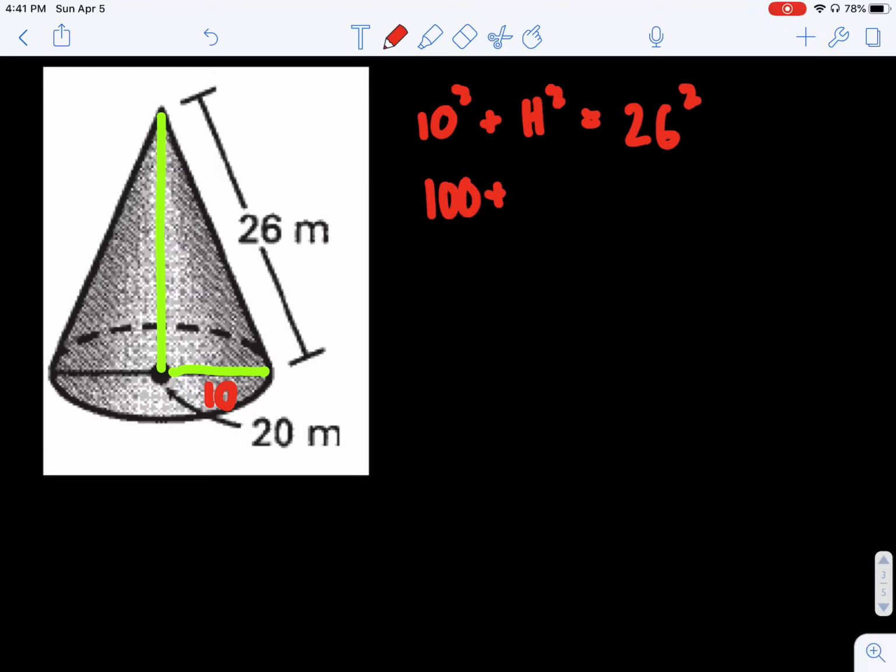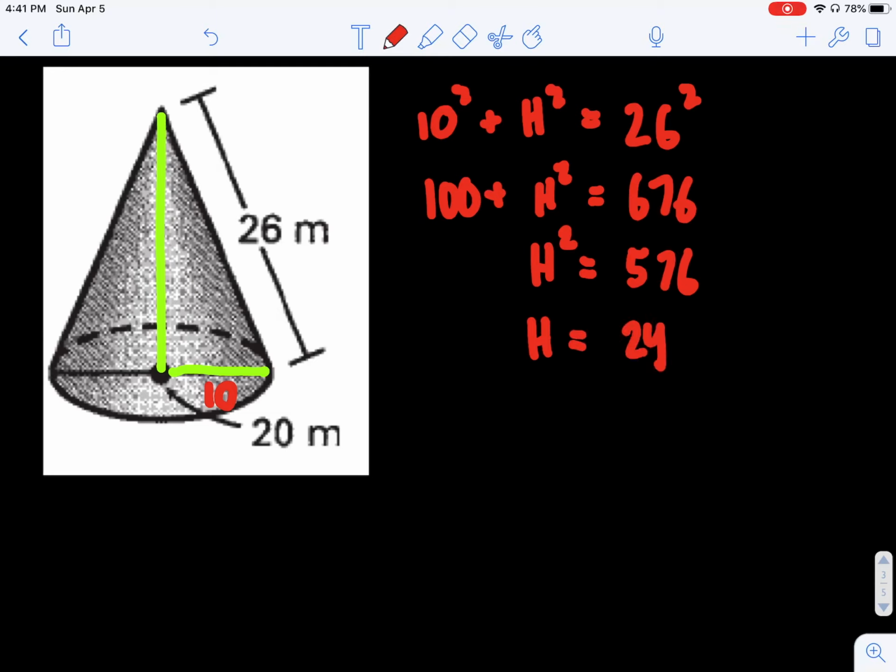That's 100 plus h squared equals 676. Do some algebra, subtract the 100: h squared is 576. Take the square root of 576 and you get 24. So we calculated that our height was 24 meters using the Pythagorean theorem.